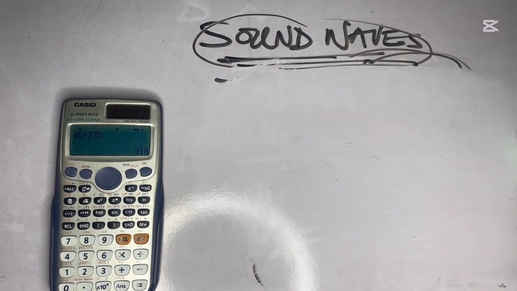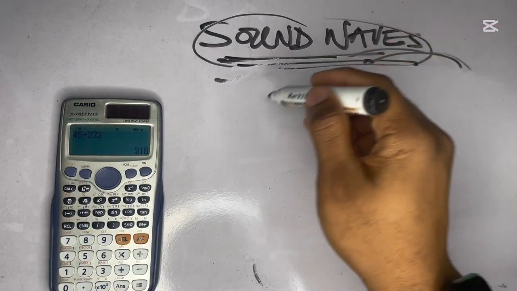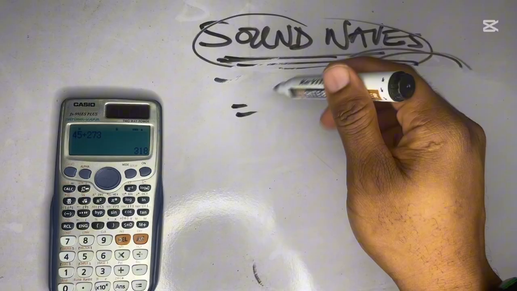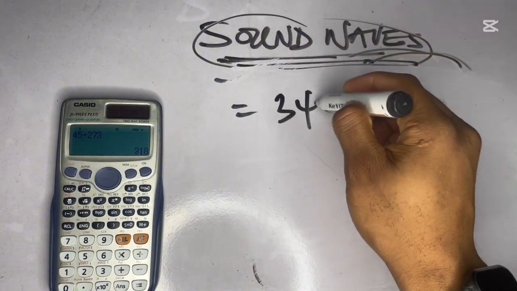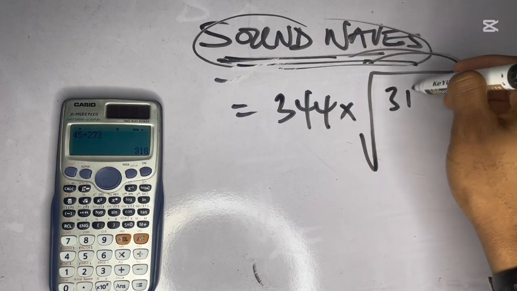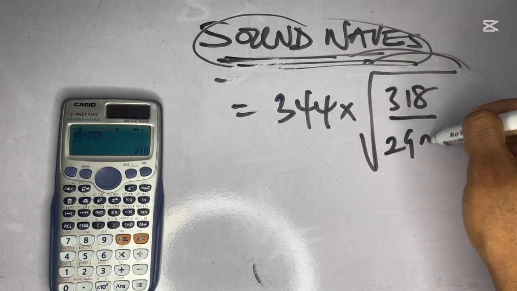Solving that quickly, we are looking for V2. Our V1 was 344, times the root of T2, which was 318, over 293.